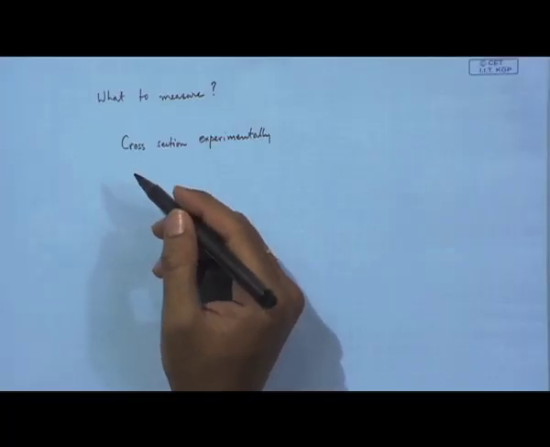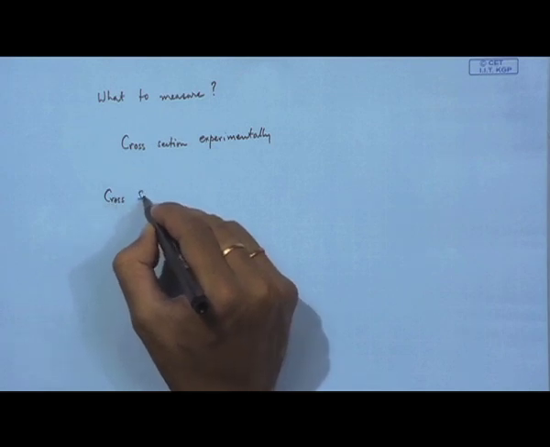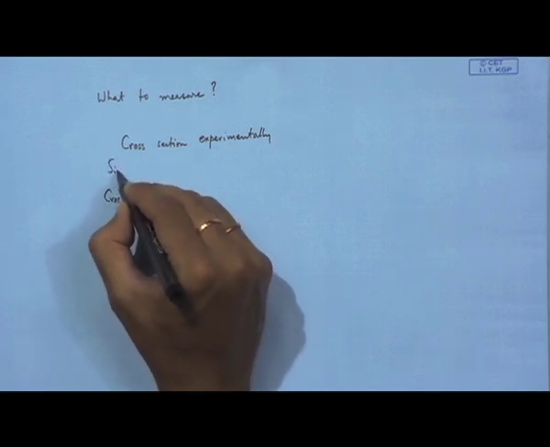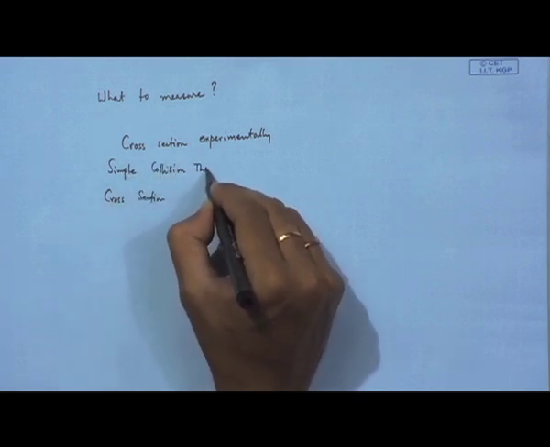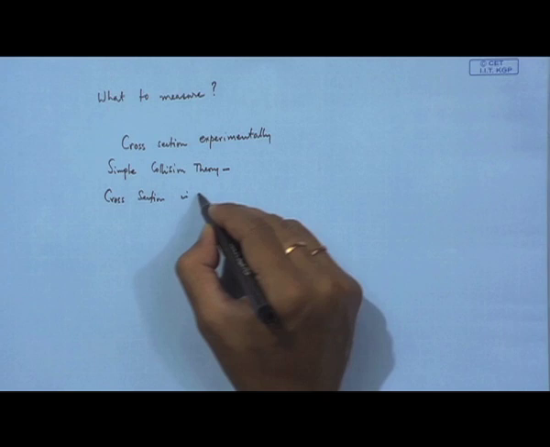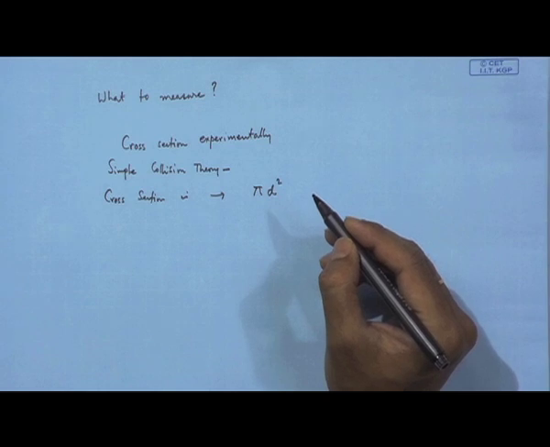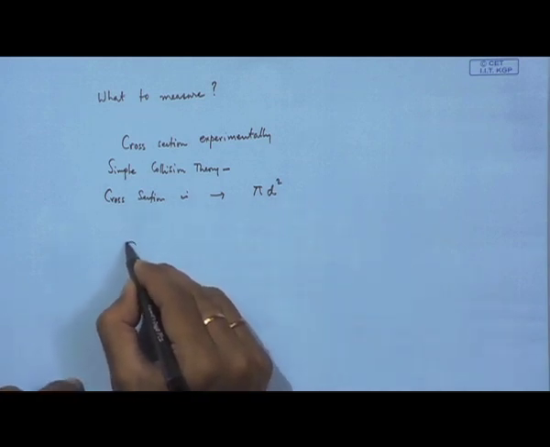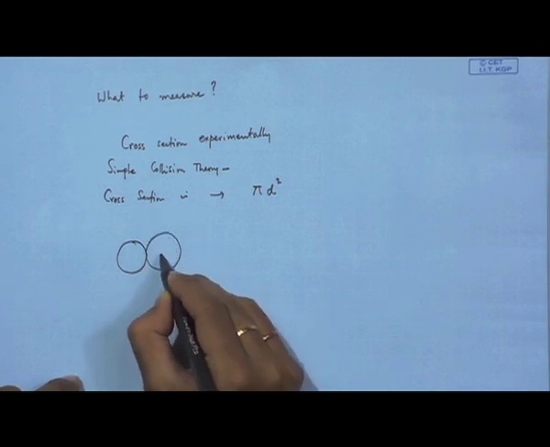Okay. So, in simple collision theory, the cross section is defined as pi d squared, where d is the sum of the radii of two spheres, like this is one sphere and this is another sphere.